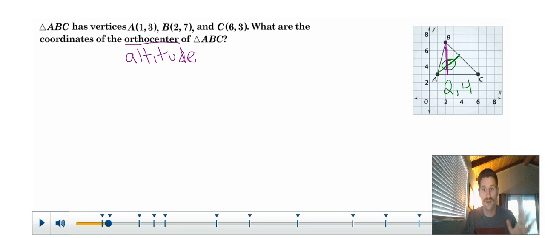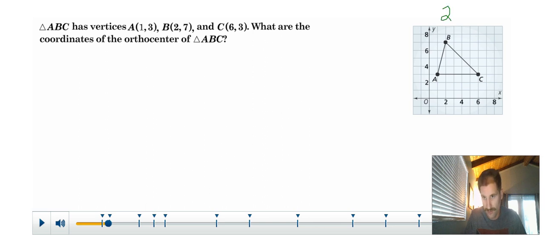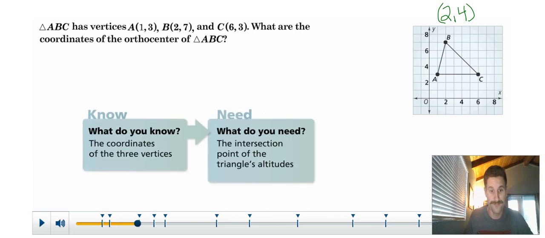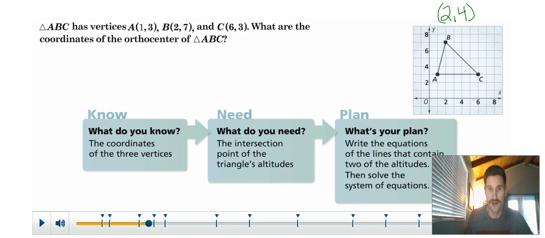So that's what we're thinking is probably going to happen with our answer. Now, this is just eyeballing it. Let's go ahead and be precise. Okay, we have a general idea of what it should be. Now let's actually go ahead and measure it. I'm going to rewrite that. We kind of guessed 2, 4. Let's see how close we are. All right, we're going to walk through this, and here we go. All right, what do we need to know?